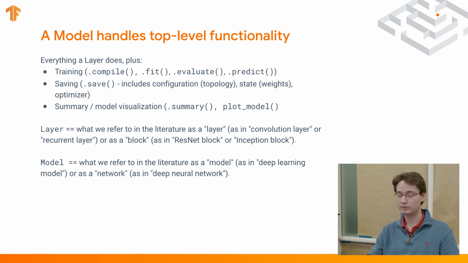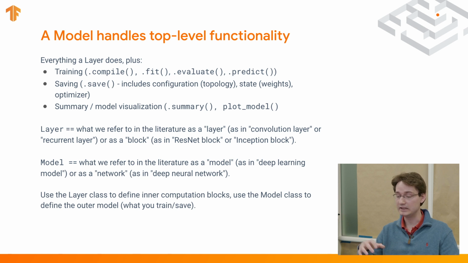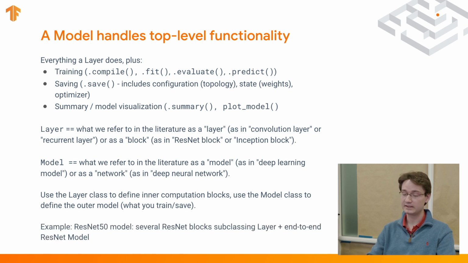So typically what you would do is use the layer class to define inner computation blocks and use the model class to define the one outer model, so the thing that you're actually going to be training and saving and exporting for production. So for instance, if you are working on a ResNet 50 model, you would probably have several ResNet blocks subclassing the layer class, and then you would combine them into one big subclass model on which you would be able to call compile and fit and save and so on.